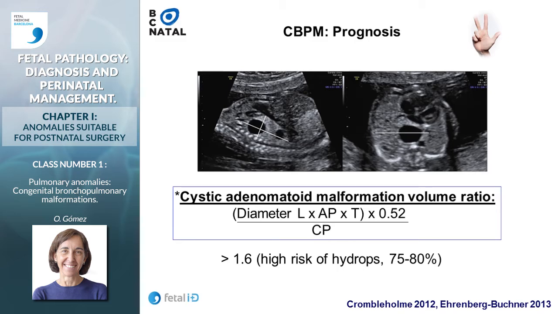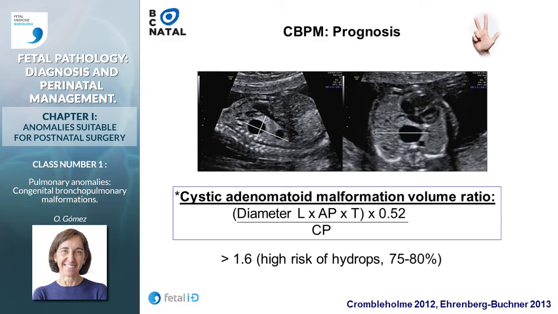This will give us a number. The congenital bronchopulmonary malformation group with a cystic adenomatoid malformation volume ratio of more than 1.6 constitutes the group at highest risk of heart failure and hydrops.